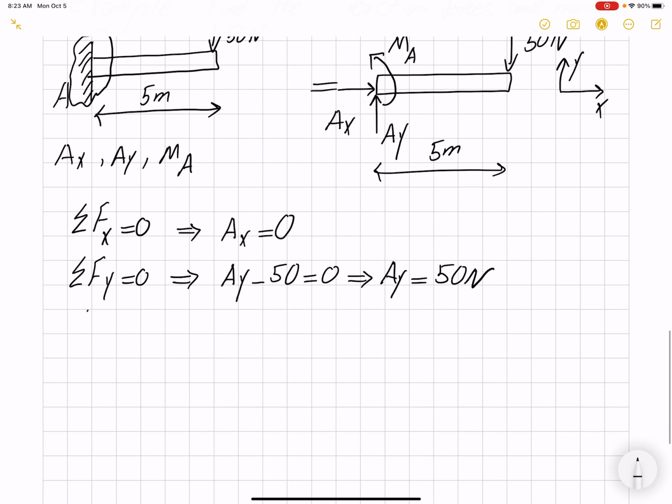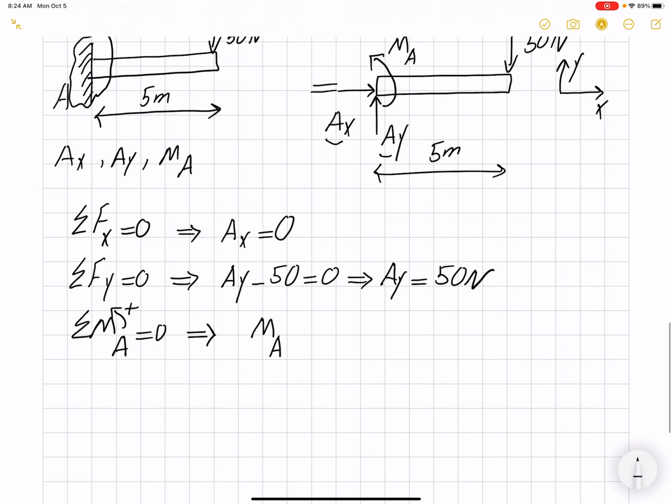And if I write summation of moment about point A equals 0, I have to assume the positive direction. As always, the convention is counterclockwise is positive. Therefore, in the summation of moment about point A, I have my moment MA, but the forces AX and AY are not creating any moment about point A because the moment arm is 0.